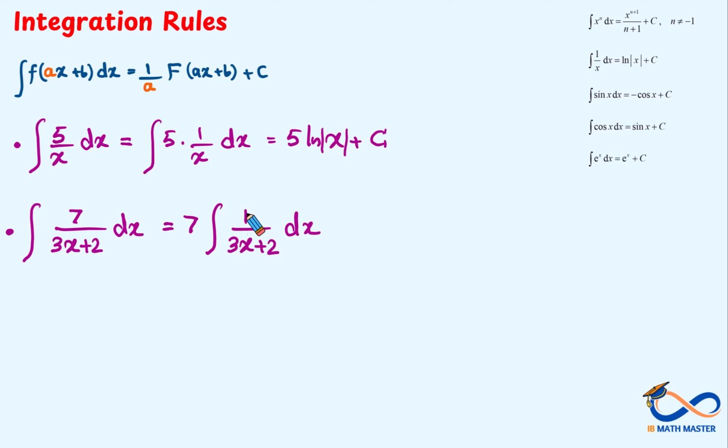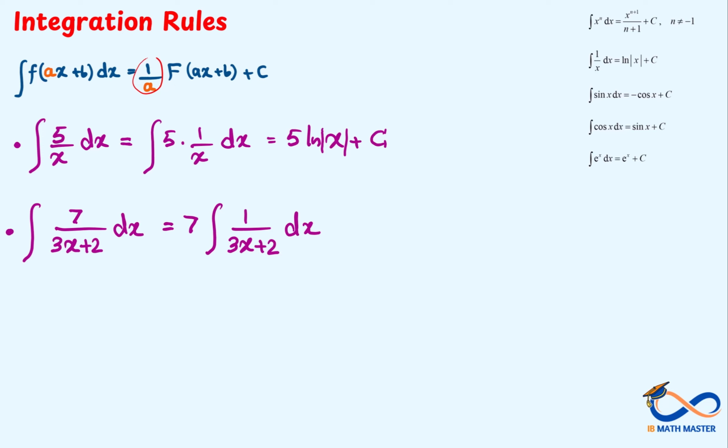So to integrate this here, as we see here in the rule, when we integrate 1 over x, it will be ln x. But that doesn't mean when we integrate 1 over 3x plus 2, it will be only ln of 3x plus 2. We still have 3 here. As we said, we will multiply by 1 over 3.